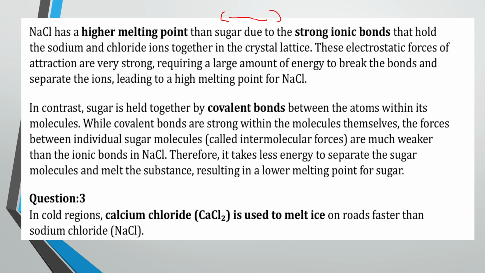Covalent compounds have the lowest boiling point simply because they lack strong forces of attraction holding their atoms. So you're going to say that sodium chloride has a higher melting point than sugar because of the strong ionic bonds, attributed to the strong electrostatic forces of attraction that exist between its ions.